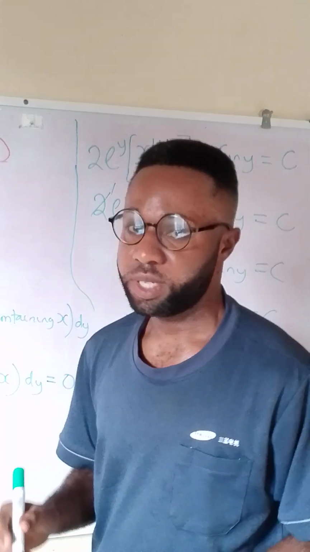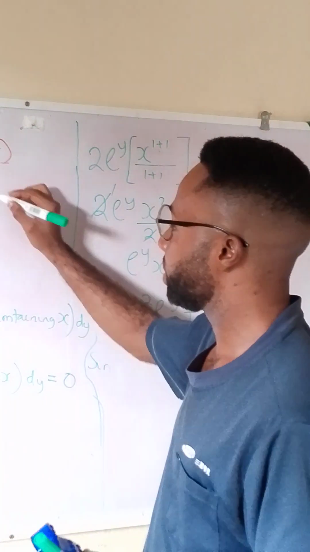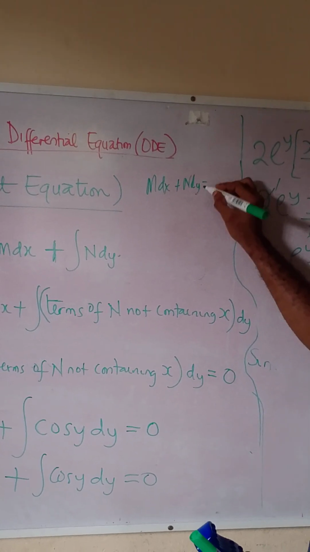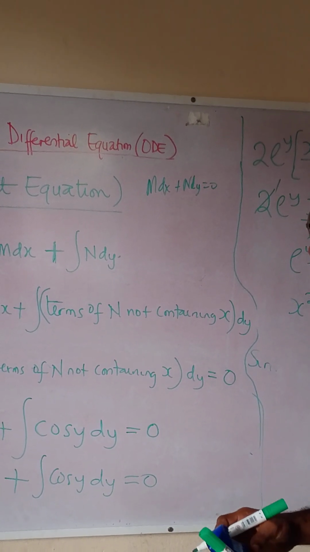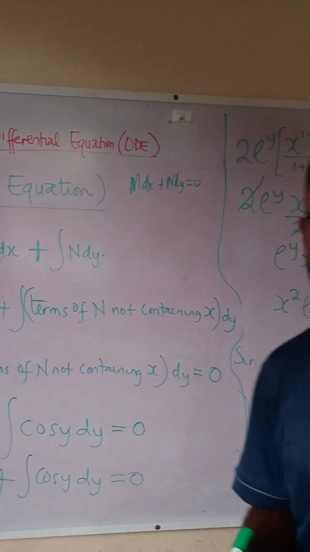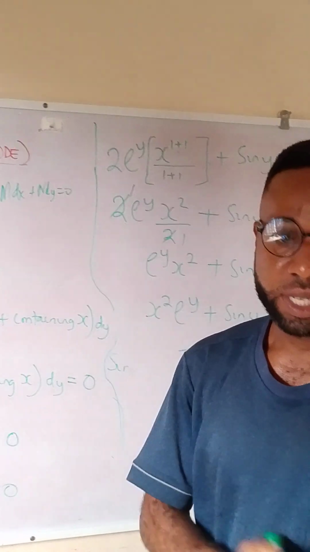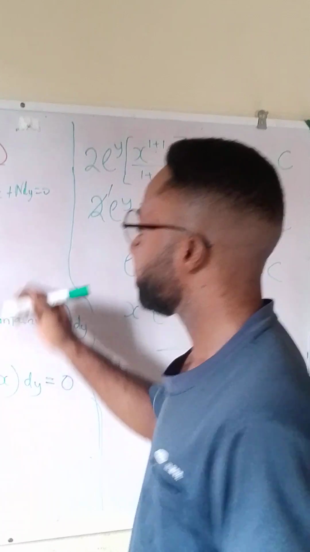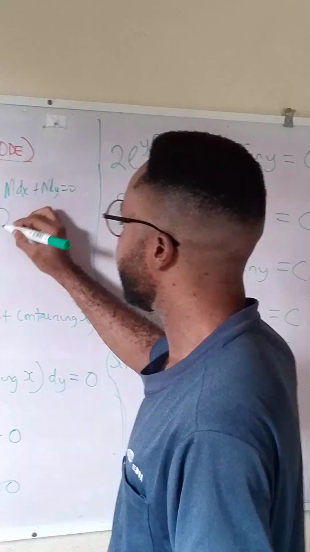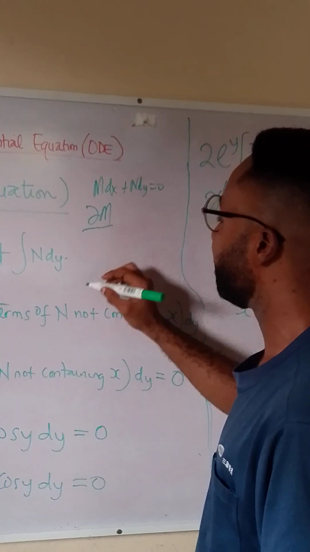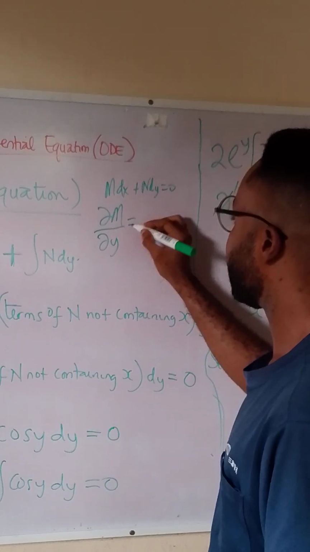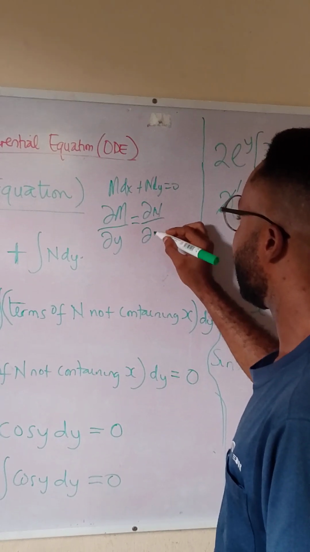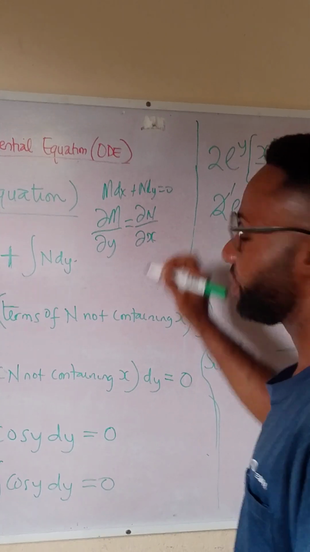Remember, you need to understand that for an exact equation, m dx plus n dy will be equal to 0. And for you to solve an exact equation, you have to test for the exactness of that equation. To test, you use the formula that the partial derivative of m with respect to y must be equal to the partial derivative of n with respect to x.